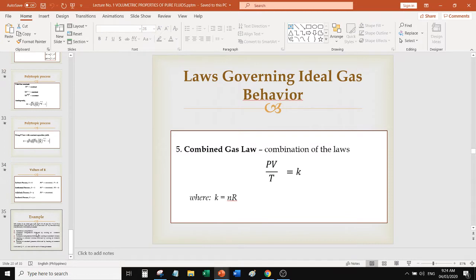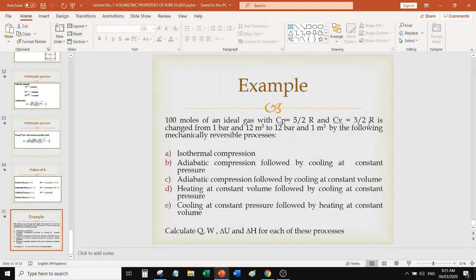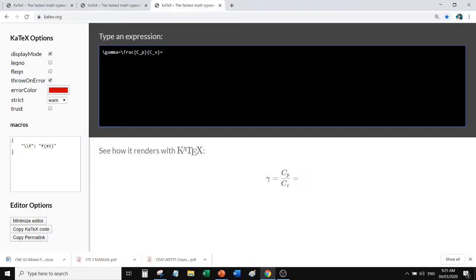It's the given gamma, Cp. So that's 5 halves over 3 halves. 5 halves divided by 3 halves. That would be 5/3, right? Okay. So the first step would be adiabatic compression.